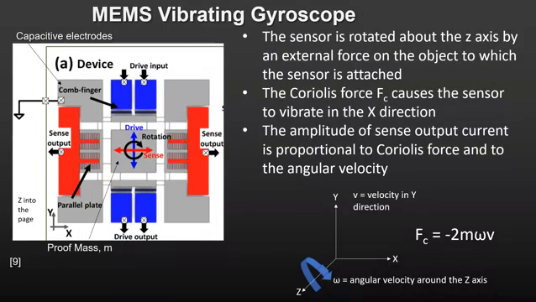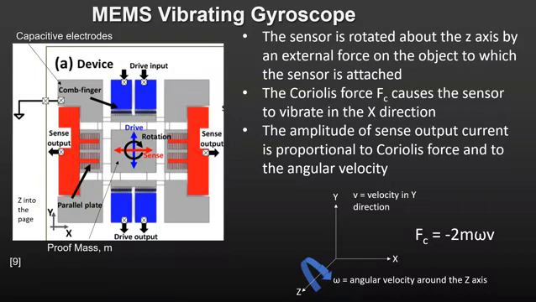Let's study how the Coriolis force creates the vibration along the x-axis. Recall that the Coriolis force is equal to the cross product of motion along two mutually perpendicular axes. In our case, the sensor is vibrated along the y-axis.